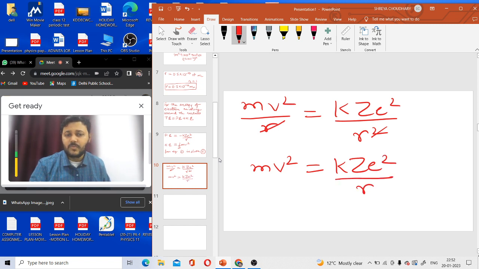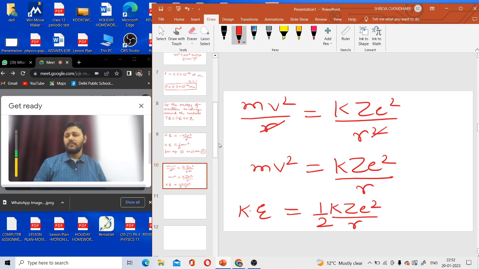Putting the value of mv² in the previous equation, the kinetic energy will be equal to half kZe² upon r. This is the value of kinetic energy we get.